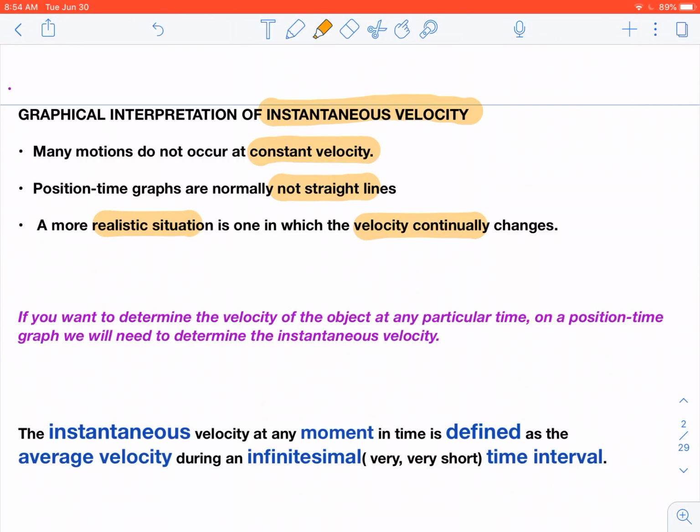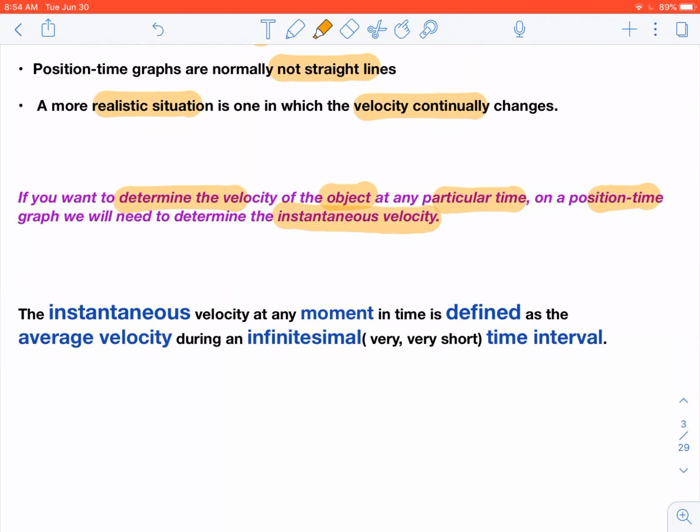So if we want to determine the velocity of an object at any particular time on a position time graph, we will need to determine the instantaneous velocity. And what is the instantaneous velocity?